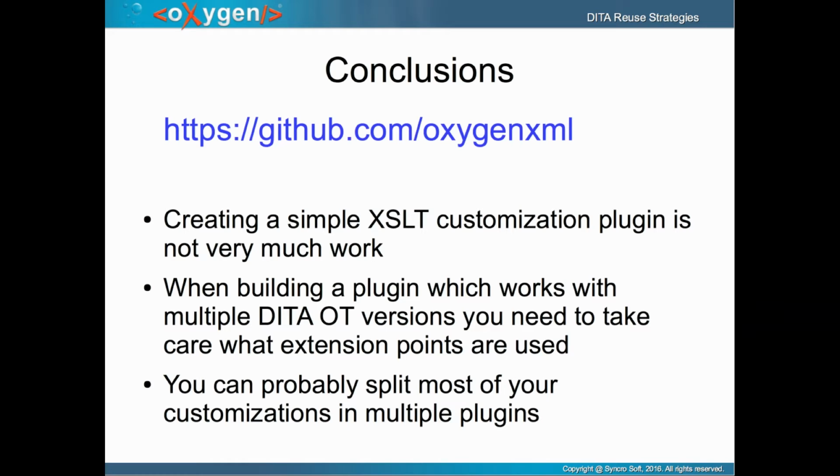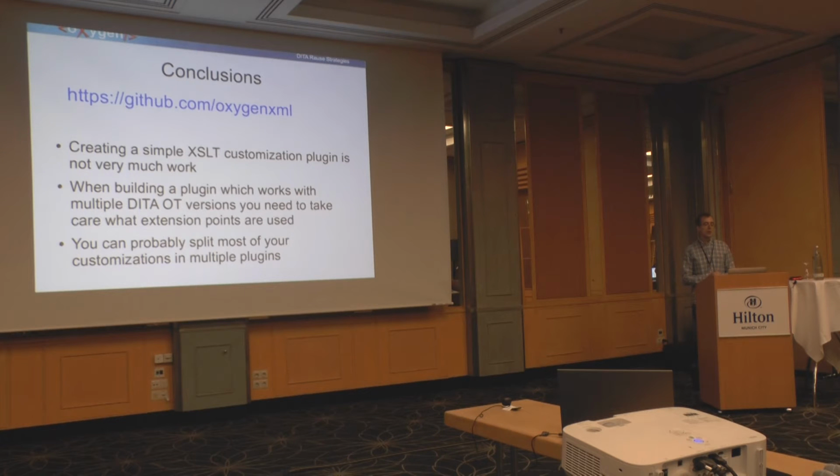We had some problems because we wanted all these plugins to be compatible with both DITA OT 1.8 and 2.0. So you need to be careful about what extension points you're using. If I'm using a newer extension point, my plugin is not compatible with DITA OT 1.8. And if you have many customizations, you can either keep them in a single plugin or split them in multiple plugins, or whatever you see fit.